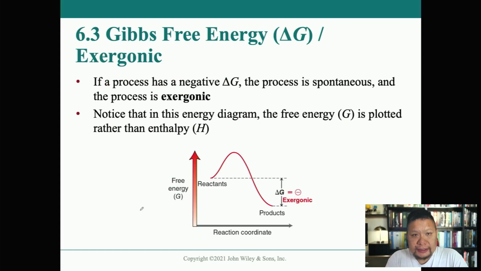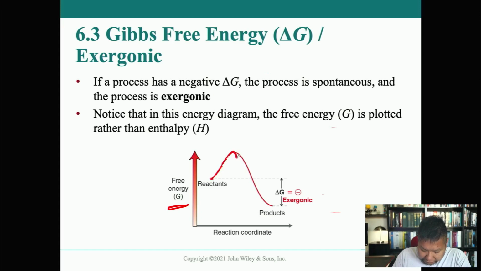So that takes us to the vocabulary words that we use with Gibbs free energy. Notice on this chart that instead of delta H, or enthalpy, we have Gibbs free energy, and the reactants, the starting materials, up here.